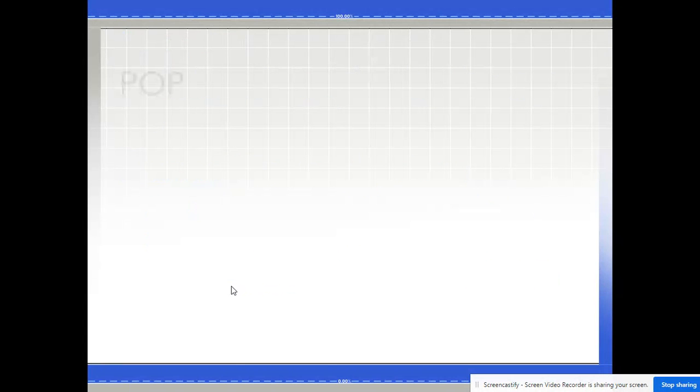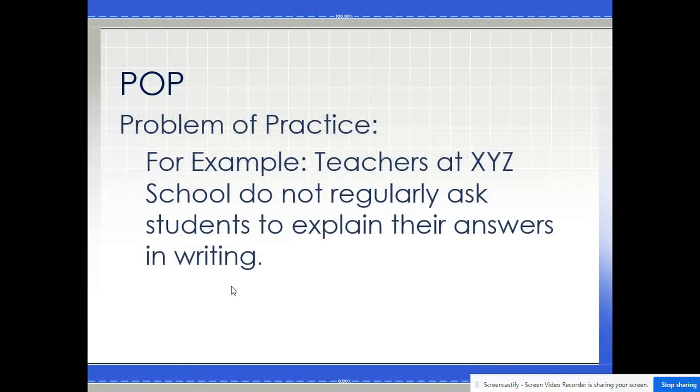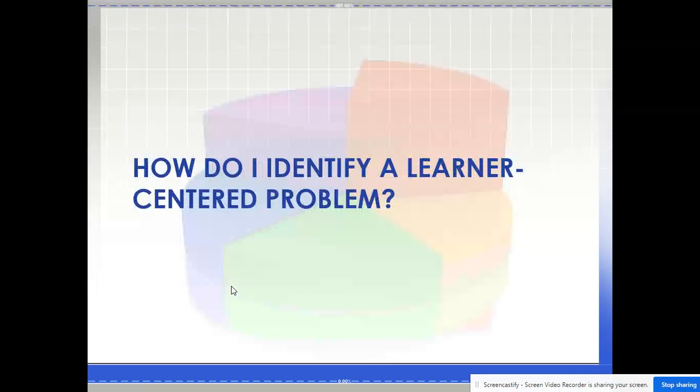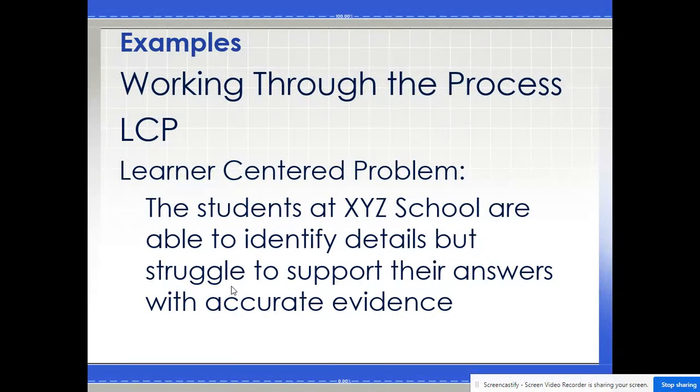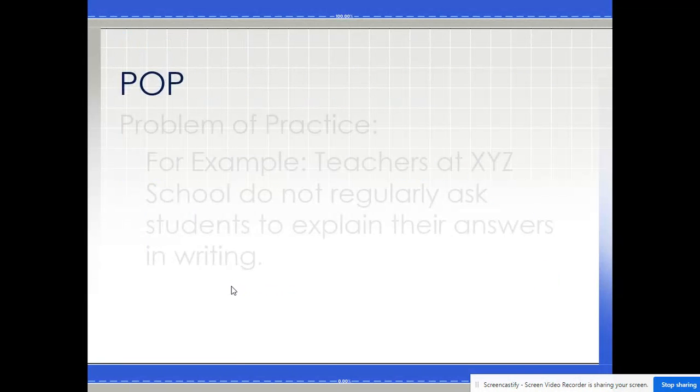Okay? So the problem of practice comes out that teachers at XYZ school do not regularly ask students to explain their answers in writing. So if we think about that as a whole, then I'll go back to the learner-centered problem. If the students are never asked to give that evidence, then they're not going to be able to support their answers with evidence.